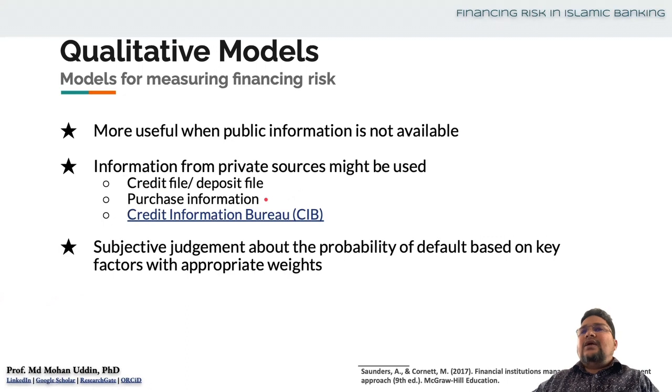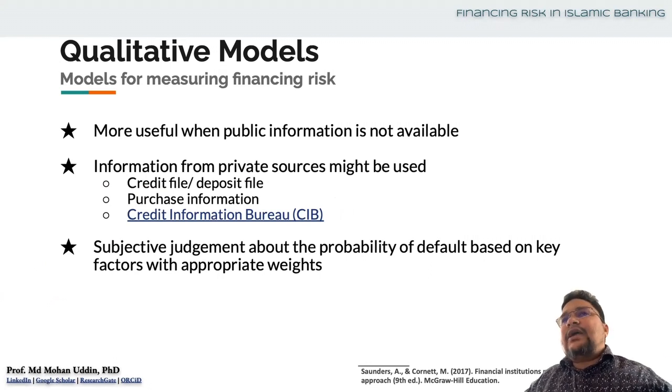You also get information about the customer from the CIB, and also from the file that has been submitted by the customer. So information about different factors will be subjectively judged by the management of the Islamic Bank to come up with the probability of default.